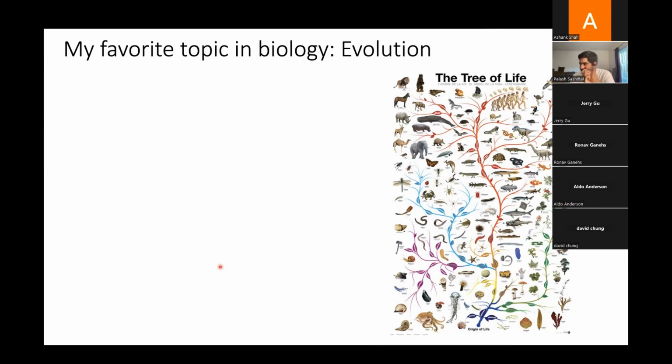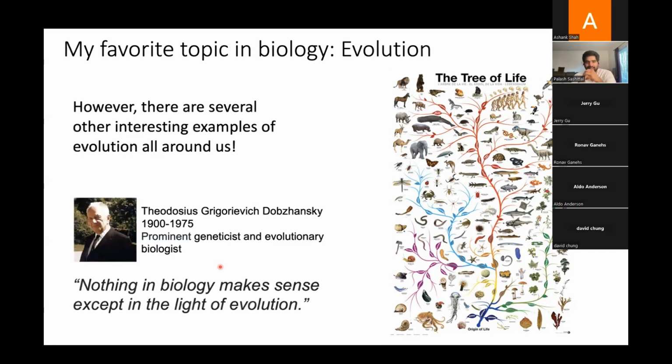I would say that there are some other very interesting examples of evolution that people overlook. In fact, I would argue that nothing in biology makes sense unless you look at it through the lens of evolution. This is actually one of the most famous essays I've seen in biology.